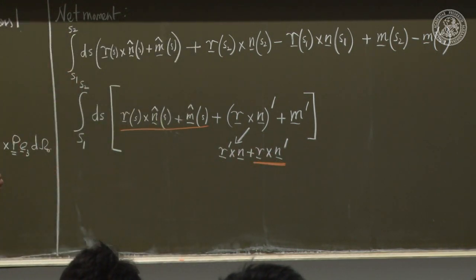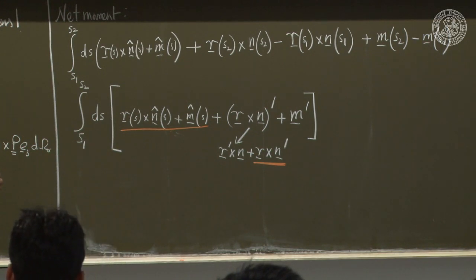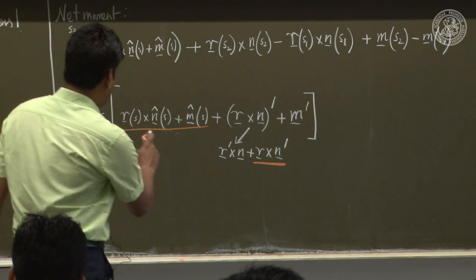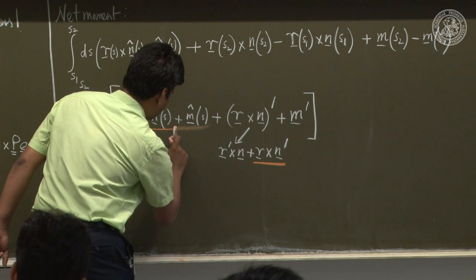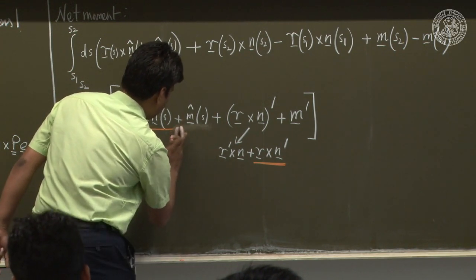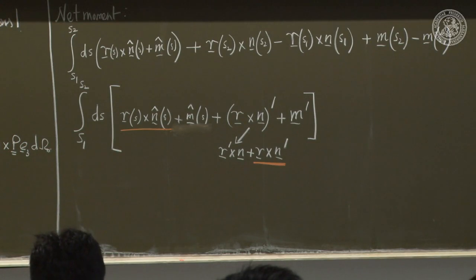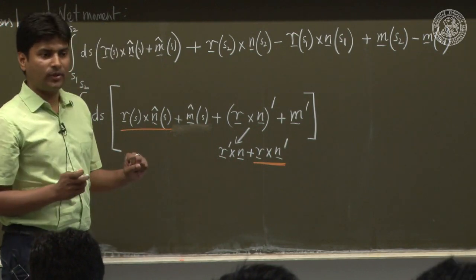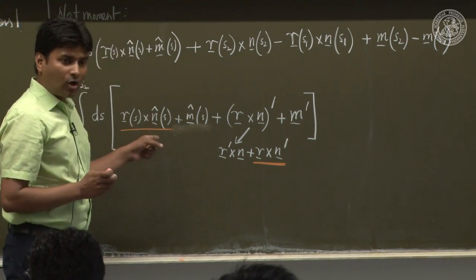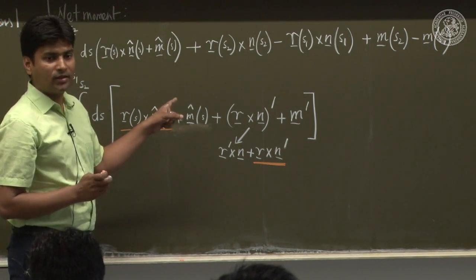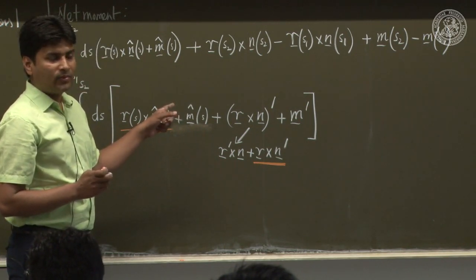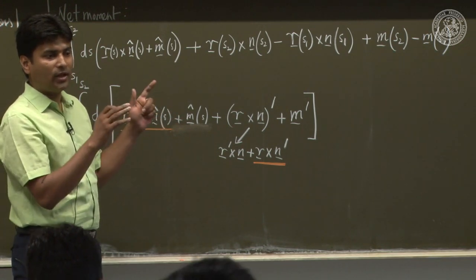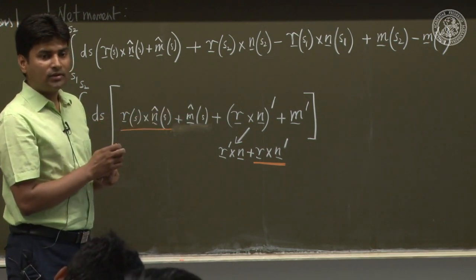What does this become? Without the m hat, yes, of course. So, can you see, if you combine these two terms, what does this become? R of S cross n prime plus n hat, but that is 0 from your force balance. The first equation was n prime plus n hat equal to 0, right.